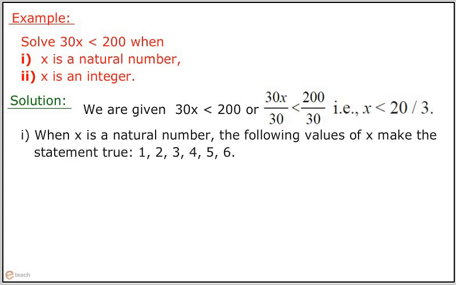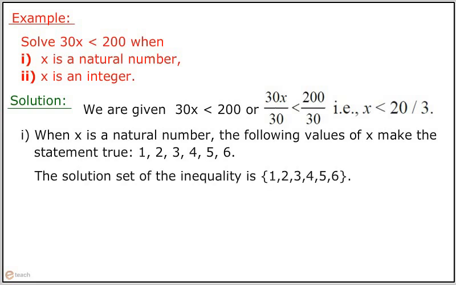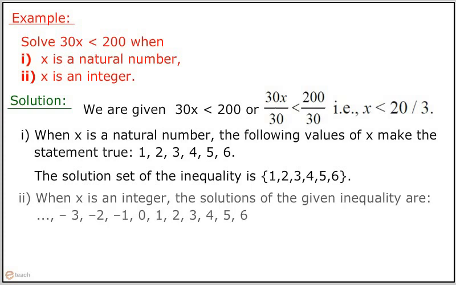In case 1, when x is a natural number, the following values of x make the statement true: 1, 2, 3, 4, 5, 6. The solution set of the inequality comprises of these values. When x is an integer, the solutions of the given inequality are -3, -2, -1, 0, 1, 2, 3, 4, 5, 6. Note that we have put up 3 dots before -3.